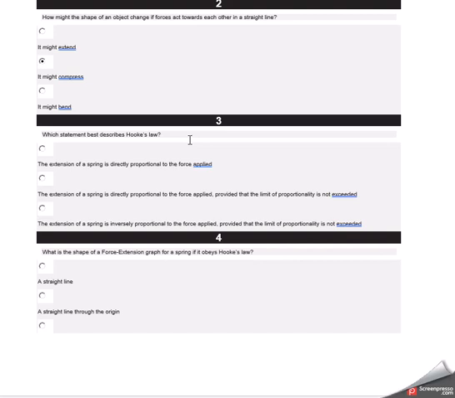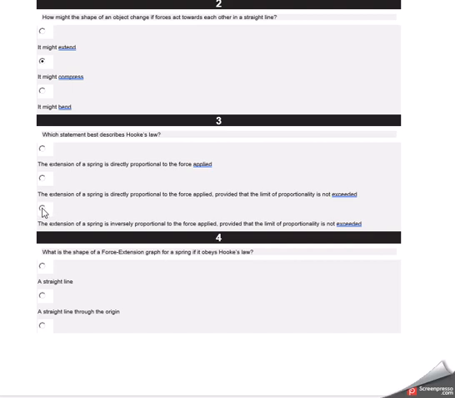Of course, if you stretch too much or compress too much, it will not follow Hooke's law. So there's a limit. That's the ideal case. First one, extension of the spring is directly proportional to the force applied. That's only at the beginning. Oh, there's a limit.